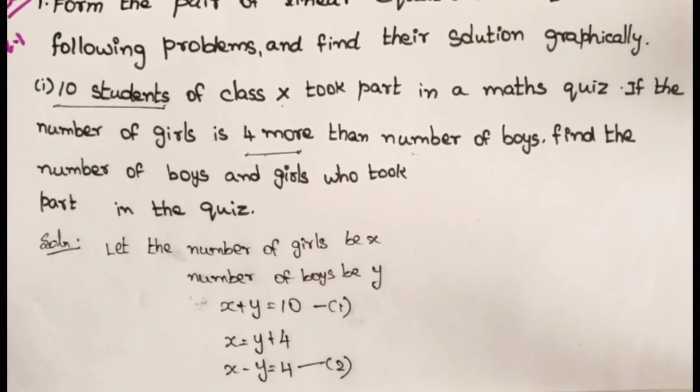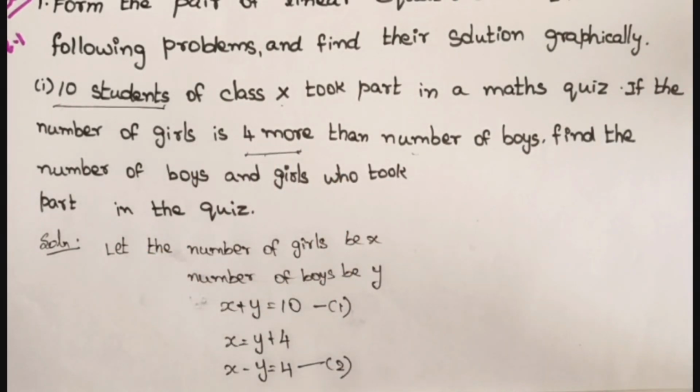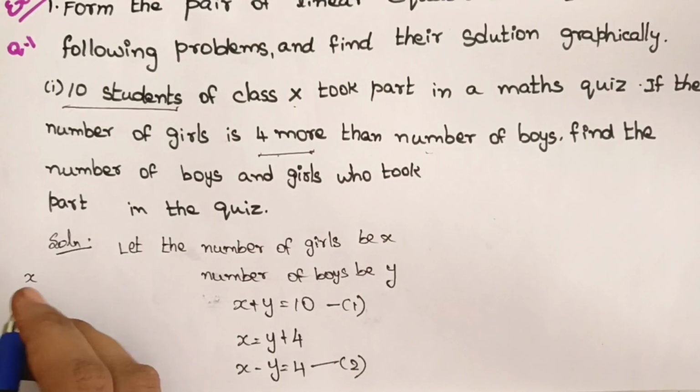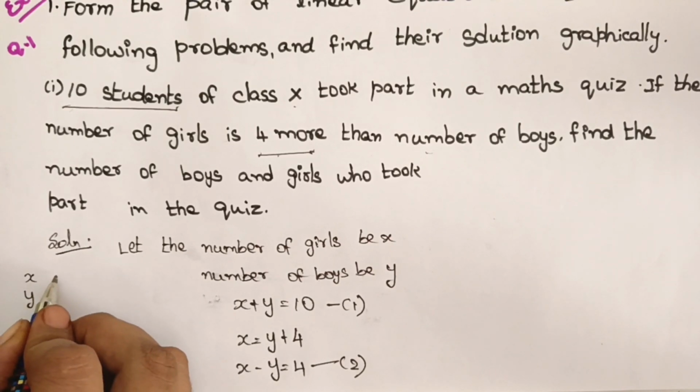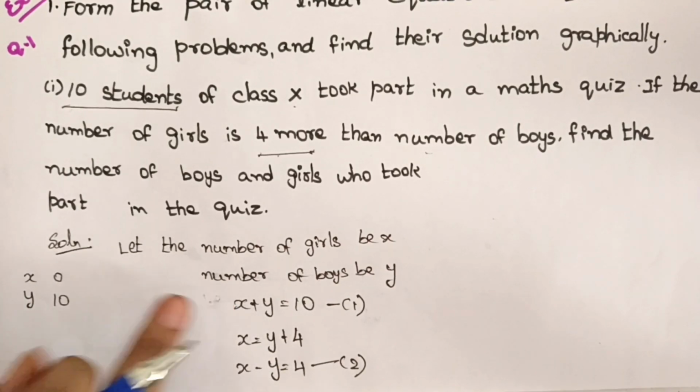Step 6. Plan. What strategy are we going to use? We are going to plot the points on the graph and find the solution using the graphical method. Step 7. Solve the problem. Put x equal to 0, you get y equal to 10 in the first equation.